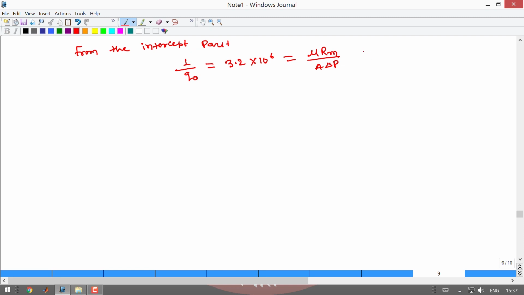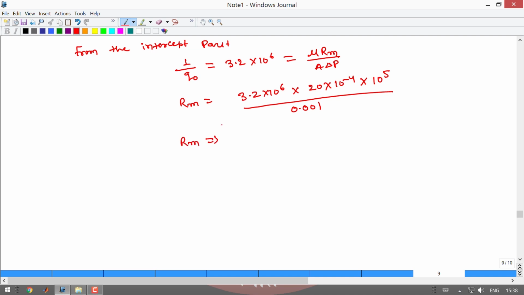So Rm is equal to 3.2 into 10 power 6 into area, 20 into 10 power minus 4, into delta P 10 power raised to 5, divided by mu, 0.001. So Rm will come 6.4 into 10 to the power 11 meter inverse. This is the filter medium resistance.